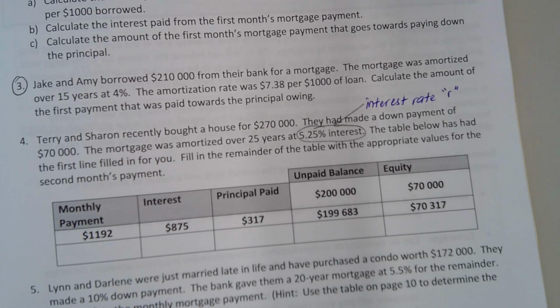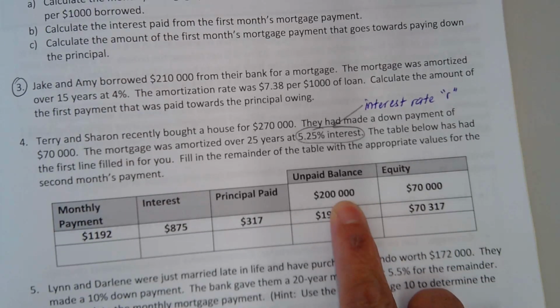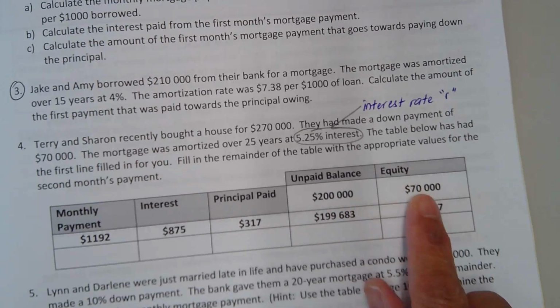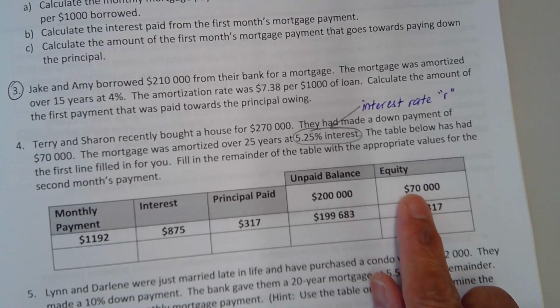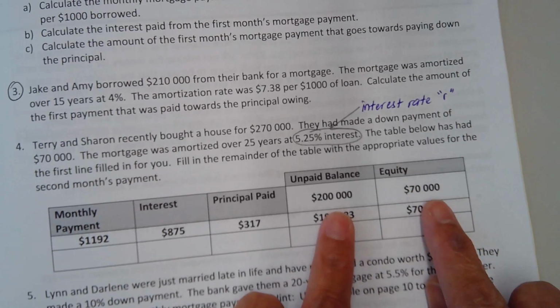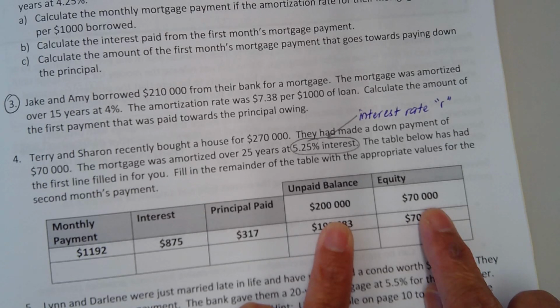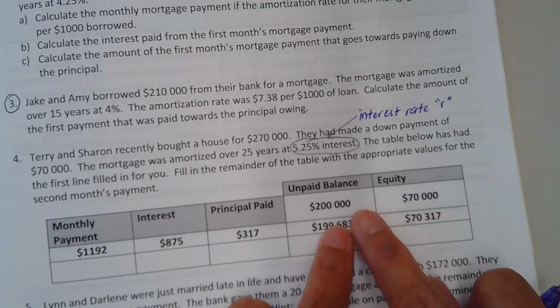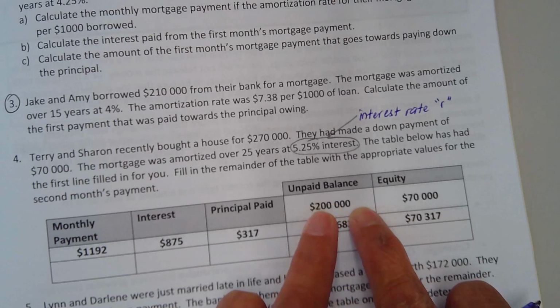Okay? So 200,000 is their unpaid balance, 70 is the equity. Is that okay? I know we didn't have to fill that out, but does that make sense? Their house is 270, so 70 is their down payment, their unpaid balance is 200.